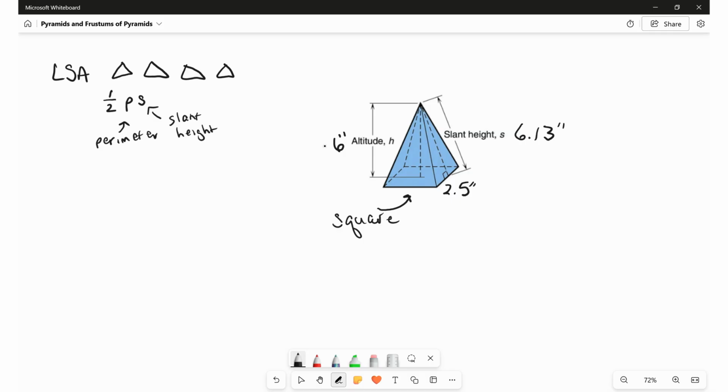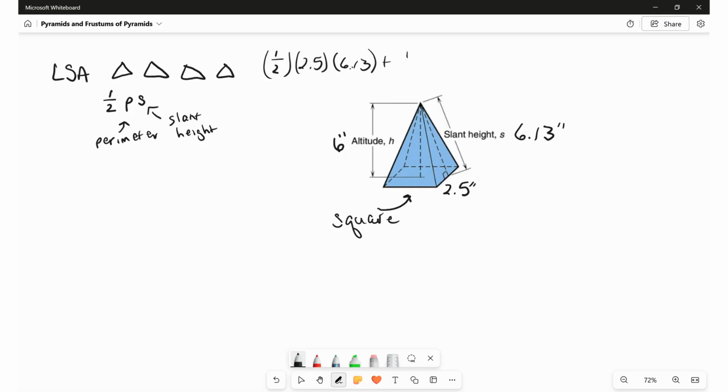If you remember the formula, great. If not, the area of each one of these triangles is going to be 1/2 times the base, which is 2.5, times the height of the triangle on the face, which is the slant height.